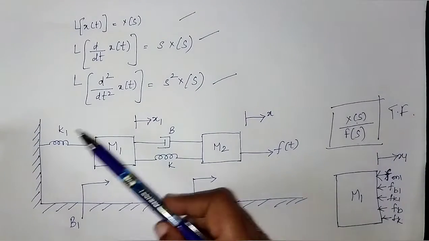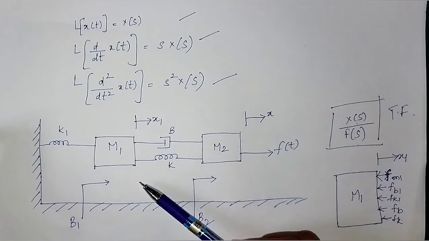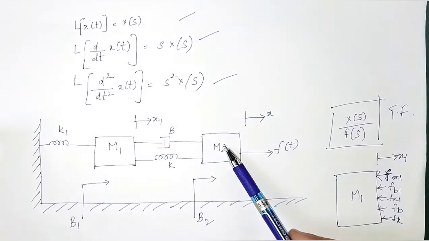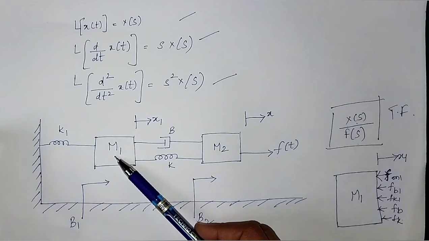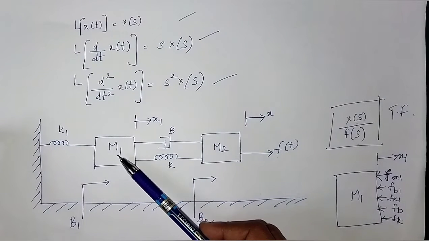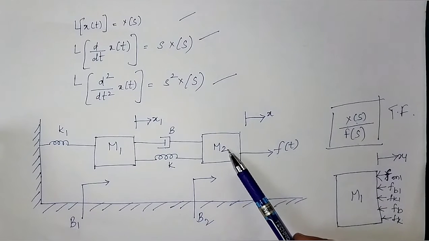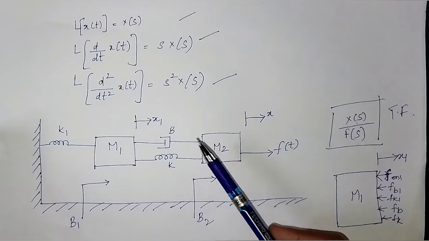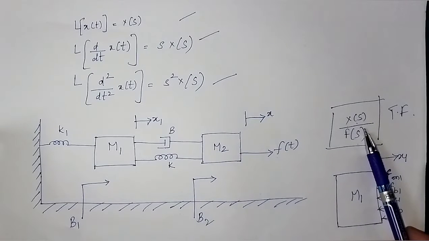Obviously, we have two nodes, regarding masses m1 and m2, and because of two nodes, we are supposed to get two differential equations, and by solving those two differential equations, we finally get the transfer function in the s domain.